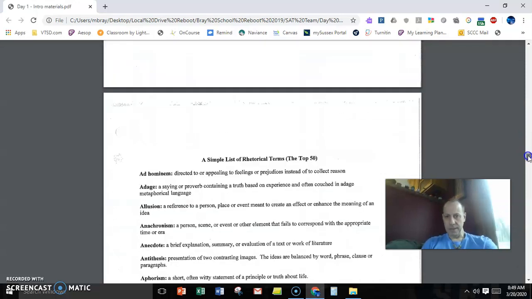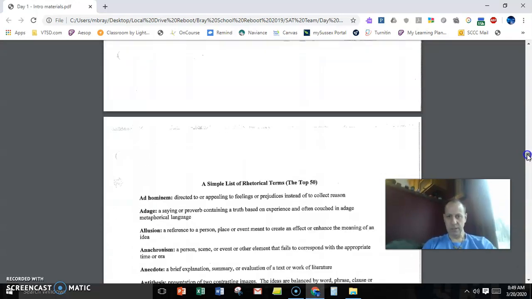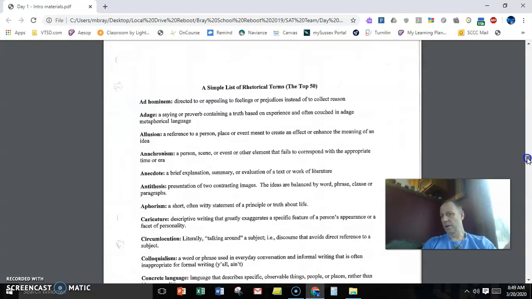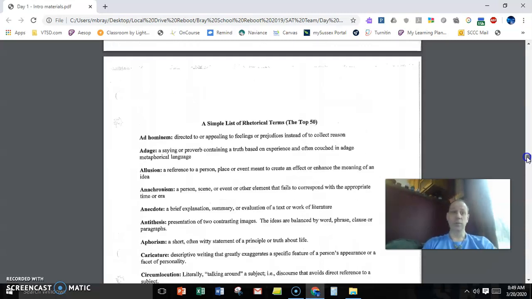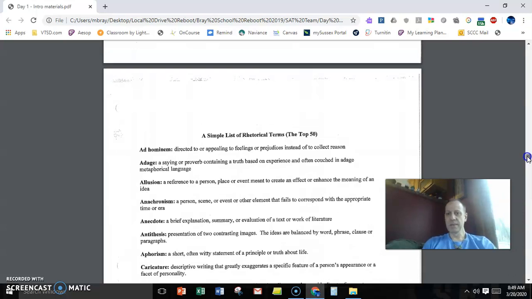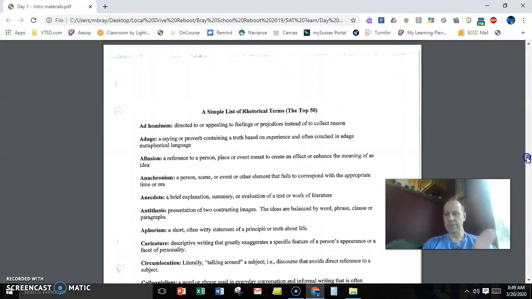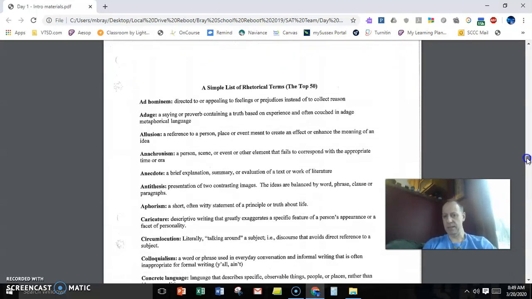Okay, so in the packet that's posted for you, there's 50 rhetorical terms. Now, in AP English, if you're in that, you may have gotten one with 500 terms. Part of this list is part of that. But these are the terms that kind of are most often used.